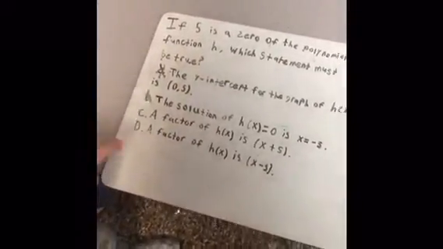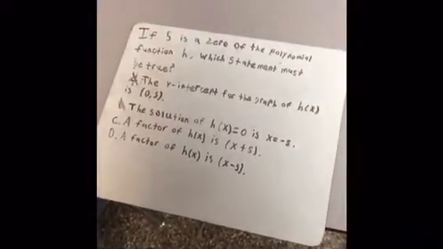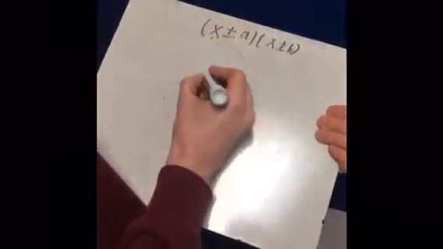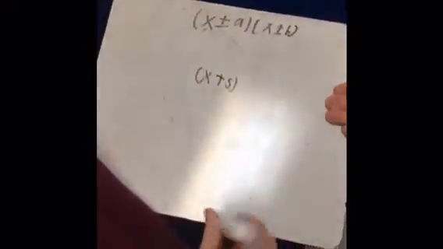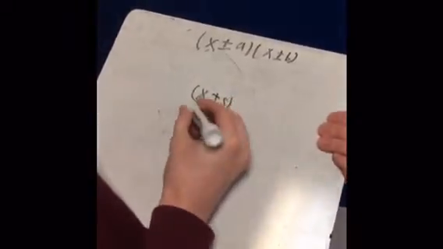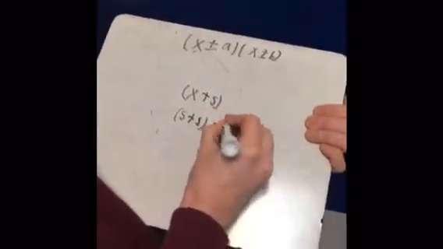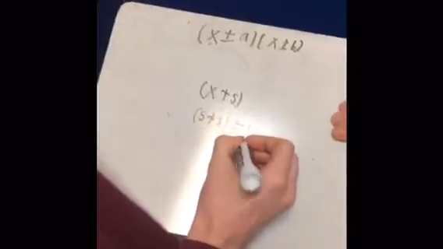So that leaves us with C and D, that a factor is x plus 5 or x minus 5. So let's start with x plus 5. Using what we have here, if we plug in x, that makes 5 plus 5, which is equal to 10, which is not a solution to the function because it's not 0.